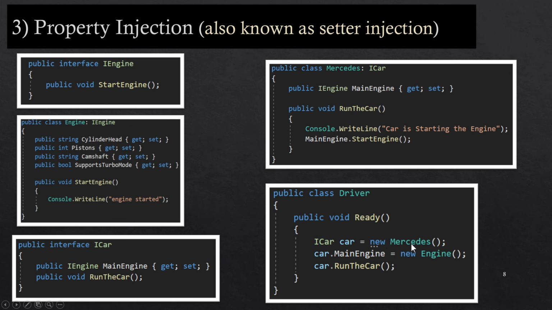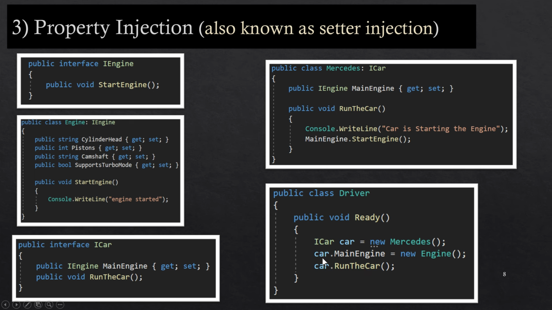Instead of Mercedes, we can have another car. Then we are providing car dot main engine a new engine. This is the property that we are using in the second line. So we are setting the new engine and then using the run the car method to start the car.